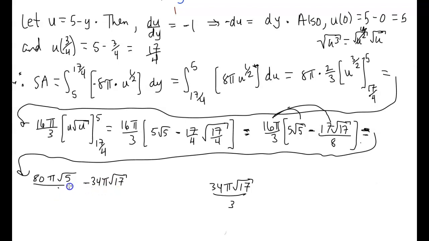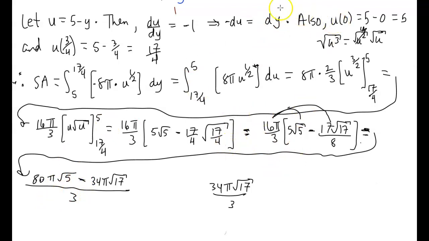I think I'll just redraw it, make it look better here. So this will be all that over 3, and that'll be 80 there. And that will be probably the most simple that we can get this answer to.